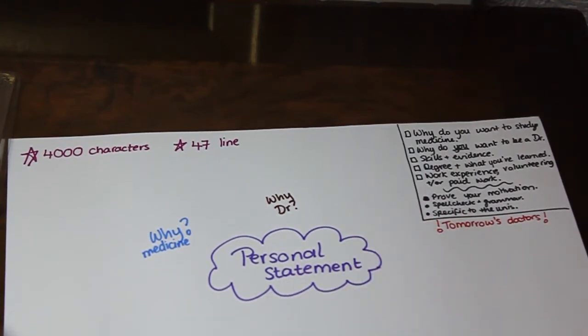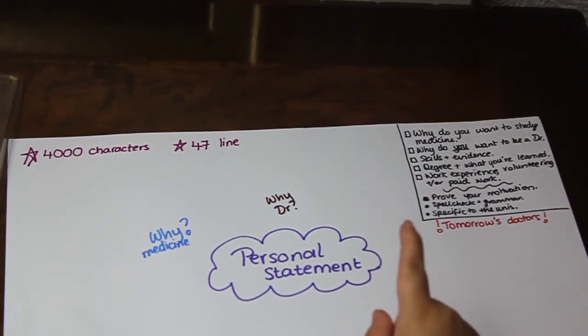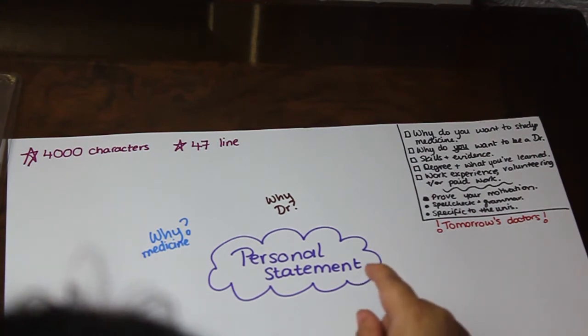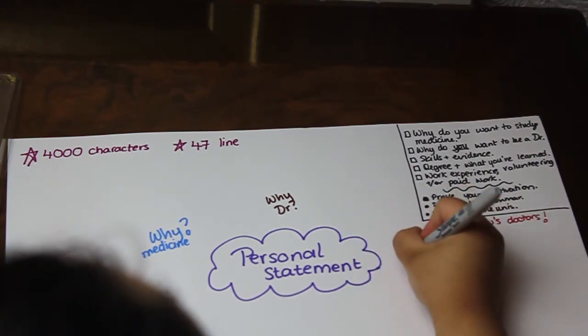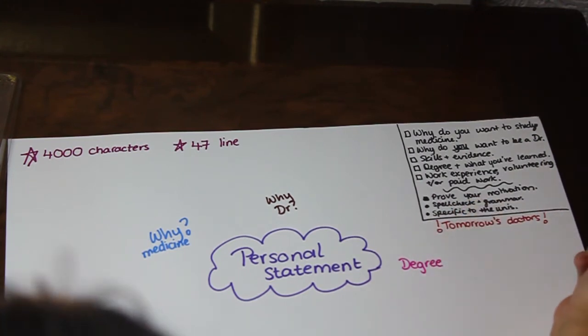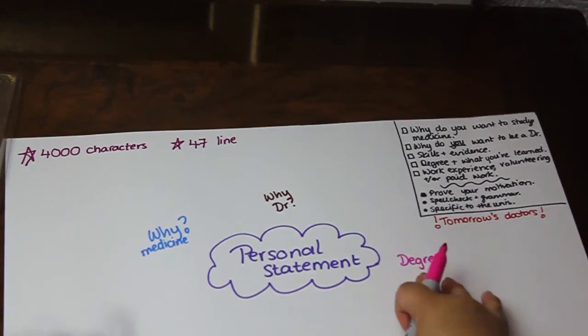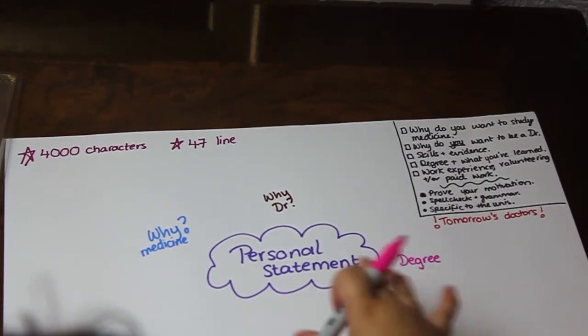And then I think the next point we have is your skills and your evidence. Now, I'm not going to write skills and evidence next. I'm actually just going to put your degree, because I believe that a lot of the skills that you are going to write about are actually going to come from your degree or from work experience.